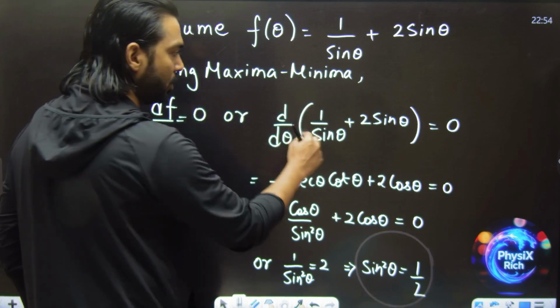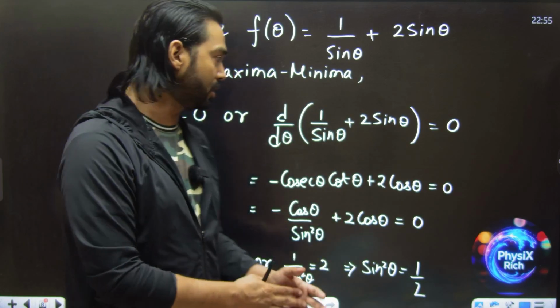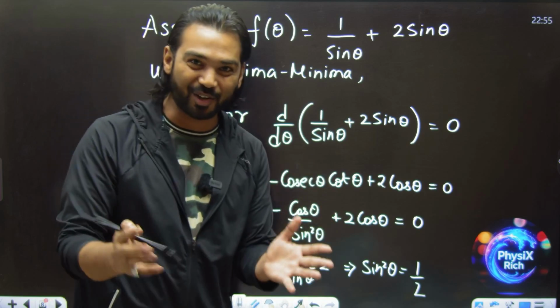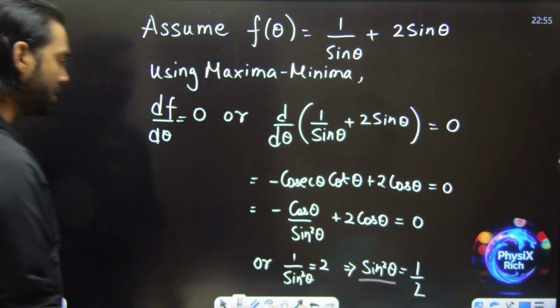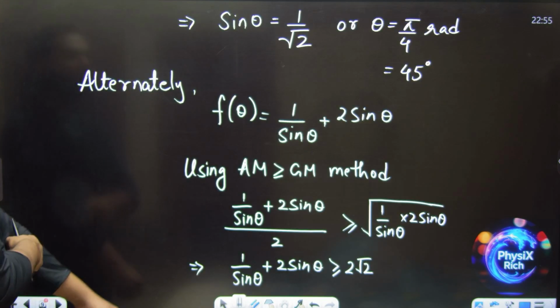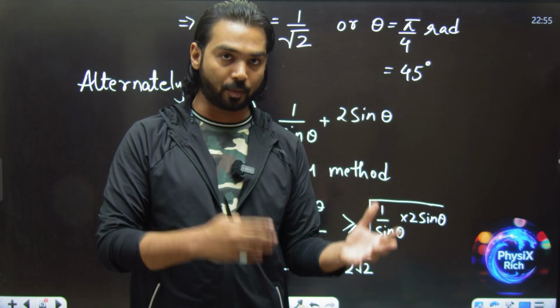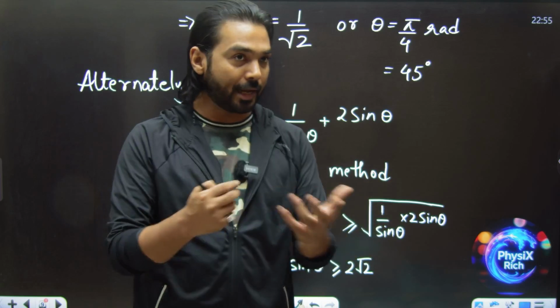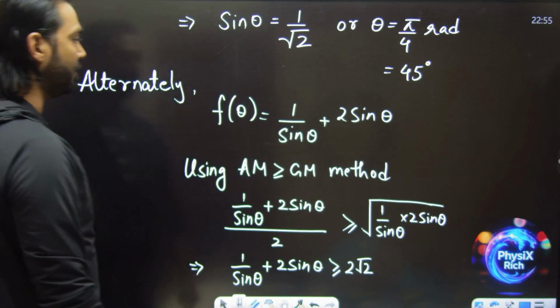I'm not going to explain the differentiation because I would like you guys to do this mathematics by yourself. You will surely get sine square theta equals 1 upon 2, or sine theta equals 1 upon root 2. You can reject the solution sine theta equals minus 1 upon root 2 because we are not looking for negative angles. So theta simply comes out as 45 degrees or pi by 4 radians.